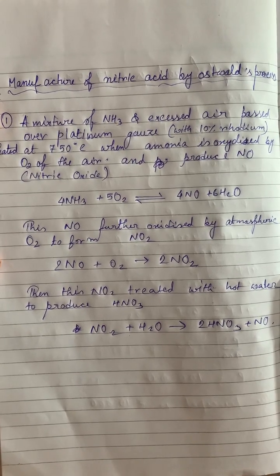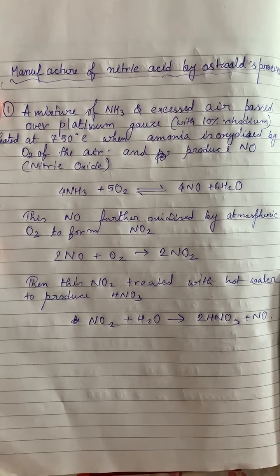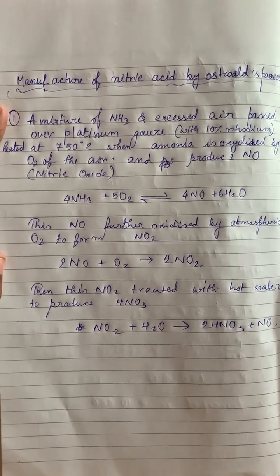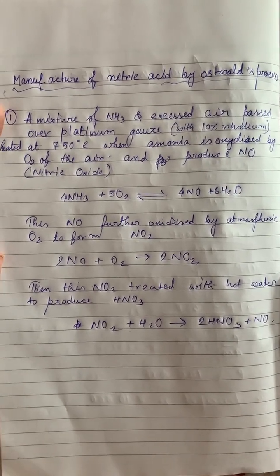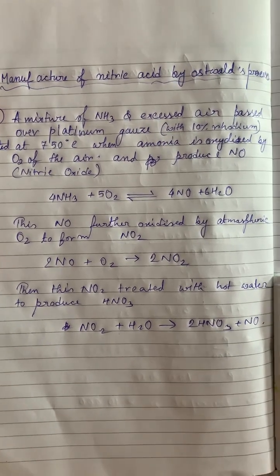So this process is much like the process by which HNO3 is added in case of acid rain. In case of acid rain, we know that in air there are nitrogen and oxygen.